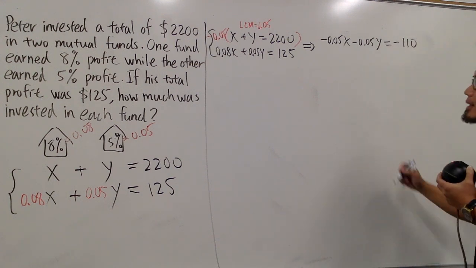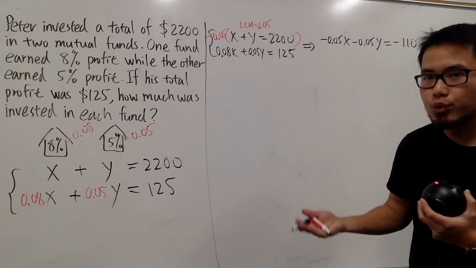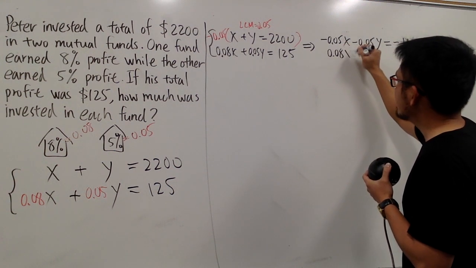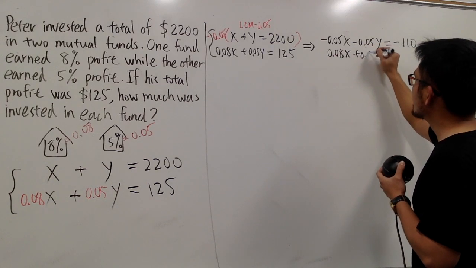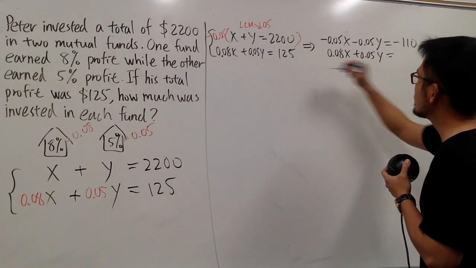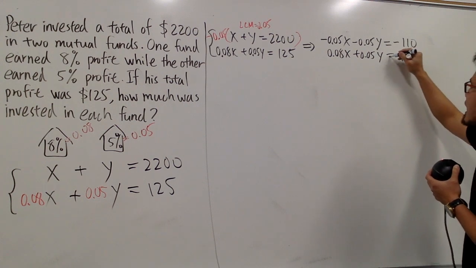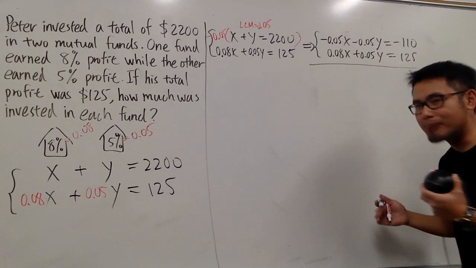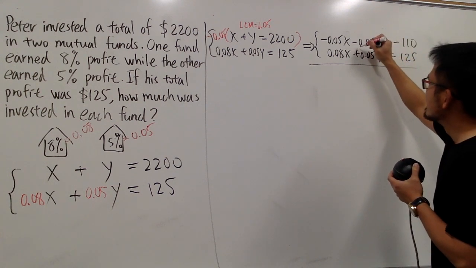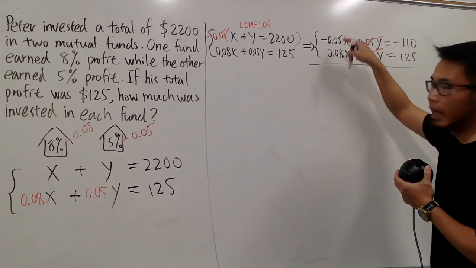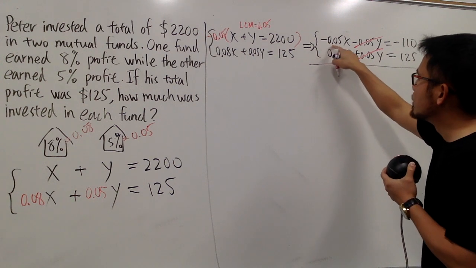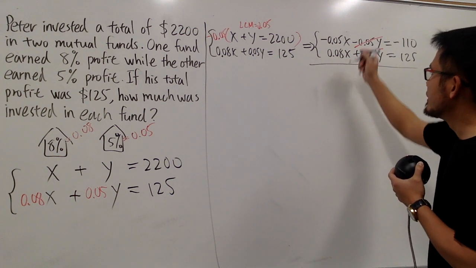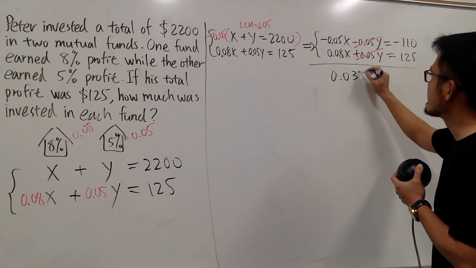And the second equation, since we didn't do anything with it, stays the same. I'll just write this down. 0.08X plus 0.05Y, and that's equal to 125. And now, we can just add these two equations up. And when we do that, the Y's will cancel each other out. And this is negative 0.05X plus 0.08X. We get 0.03X.